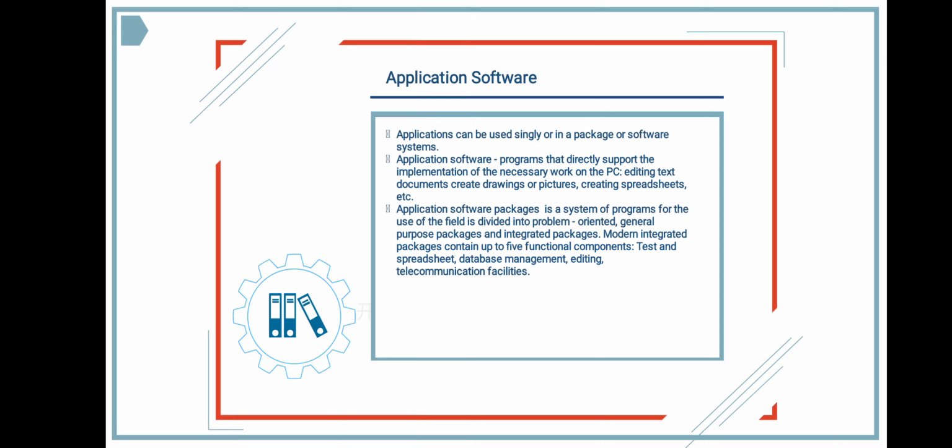An application software package is a system of programs divided by field of use into problem-oriented, general purpose, and integrated packages. A modern integrated package contains up to five functional components: text editing, spreadsheet, database management, and telecommunication facilities.